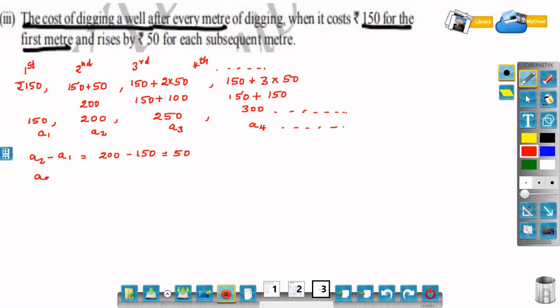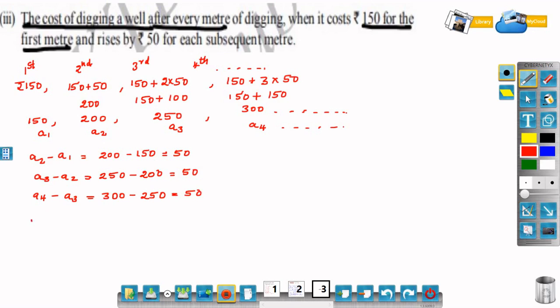Again A3 minus A2, that is 250 minus 200 is 50. Again A4 minus A3, we are getting the same common difference, 300 minus 250, that is also 50.